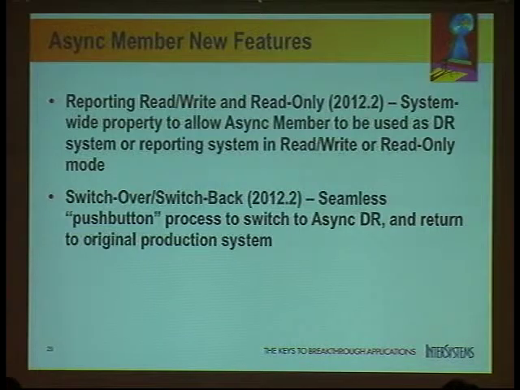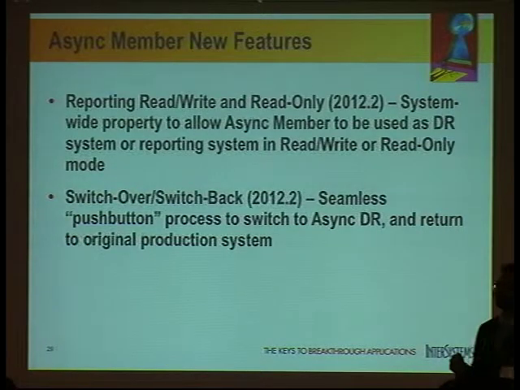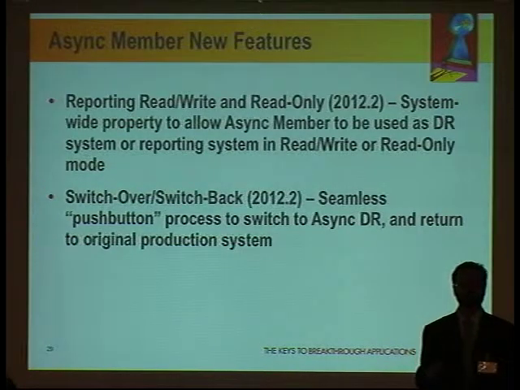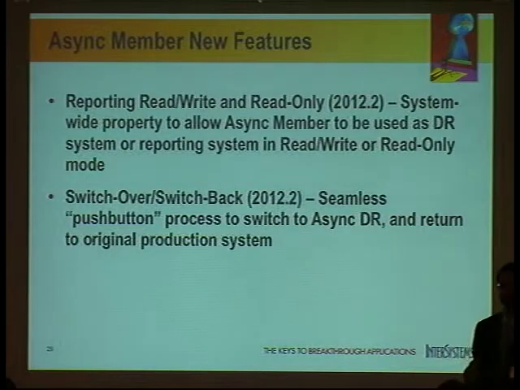One is it could be a disaster recovery member, in which case you're doing all of your business continuity and disaster recovery planning based on this member having your data. So in a disaster recovery async member, all of the mirror databases are read-only. Right? You don't want them to be read-write. You don't want to go in and change any of the data. You can't change that. So if you classify an async member as a DR async member, data is read-only.